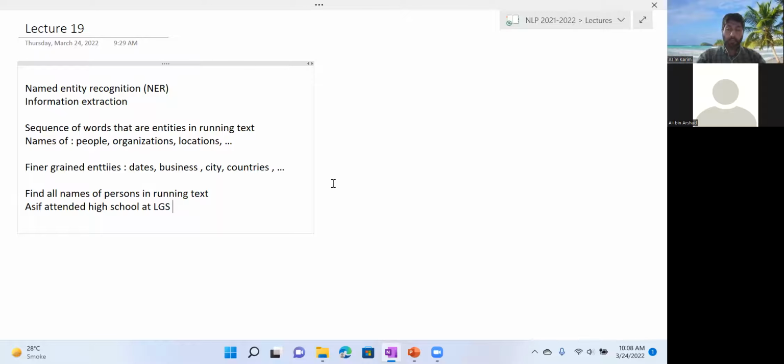So let's say this is running text. From this running text, or given this sequence of words, we would like to identify where the names of people occur.